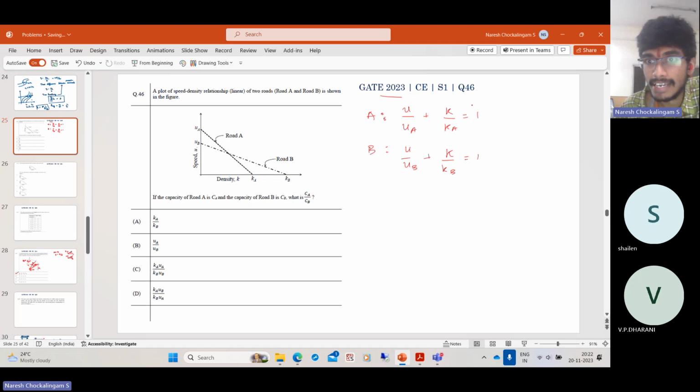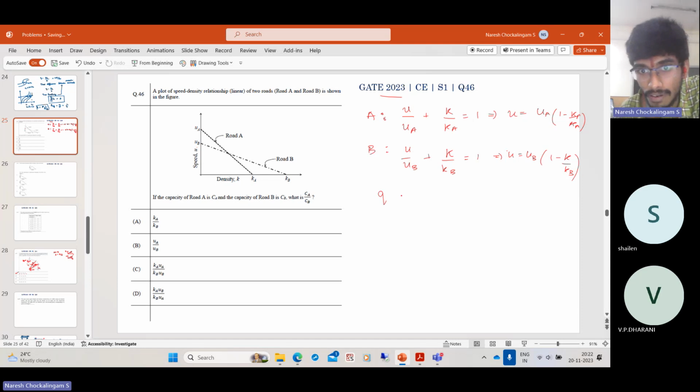Now I can rearrange this so that you get u is equal to ua times 1 minus k by ka. And for this, you get u is equal to ub times 1 minus k by kb.